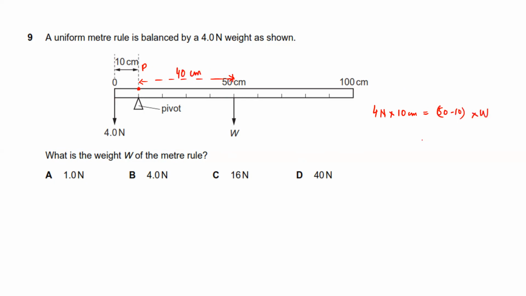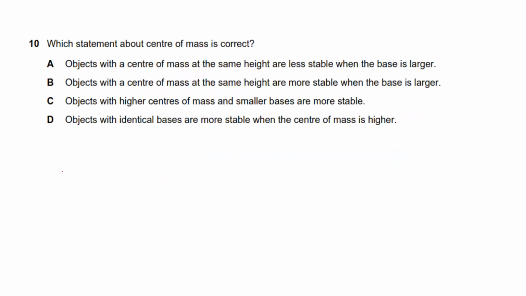So we get 40 newton centimeters divided by 40 centimeters is equal to W, and this is equal to 1 Newton. So answer A will be the right choice.